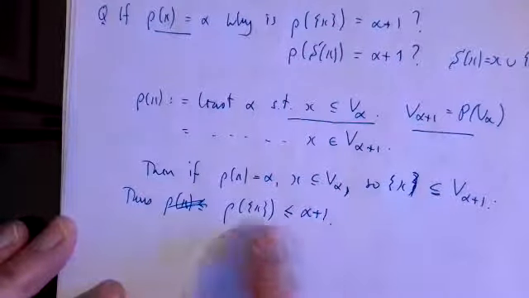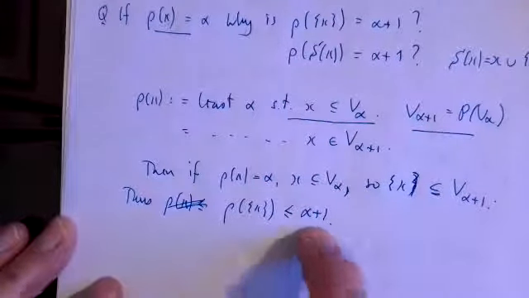And now we just say it's a contradiction to say that it's less than.